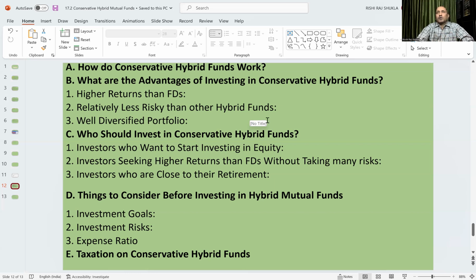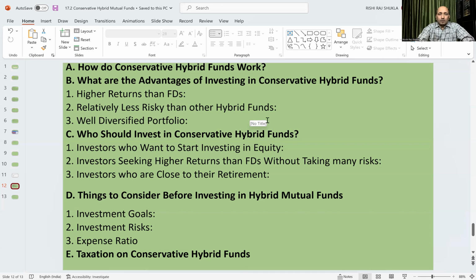We have already seen in the previous videos that equity funds are more volatile and require more risk appetite to invest in. Whereas debt funds are relatively more stable. Of course, there is also some risk associated, like interest rate risk, liquidity risk, default risk, credit risk. So all types of risk are there even with debt funds.